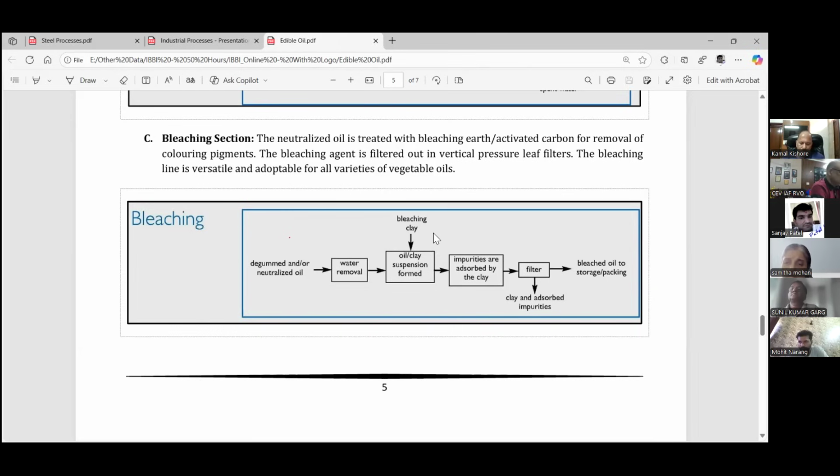Okay. So for the bleaching process, we are adding bleach clay. Bleach clay will absorb all the impurities, and through the filter process, we are getting the bleached oil that we can consume. Okay.